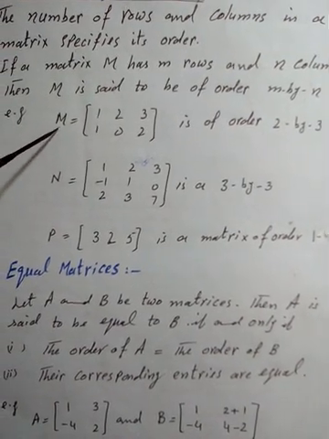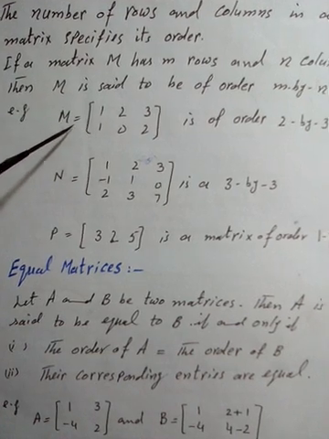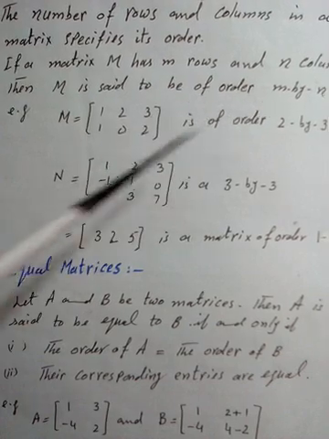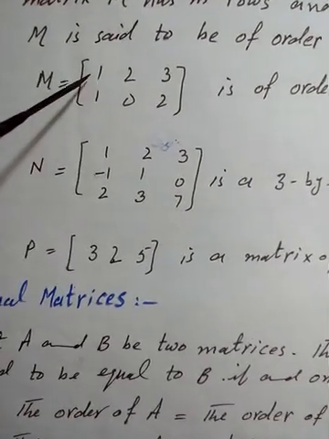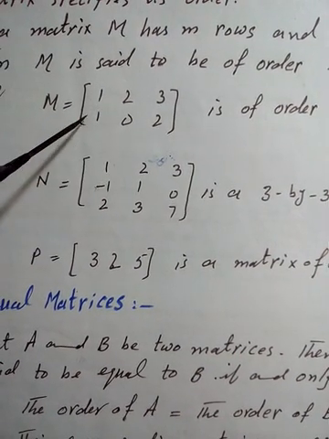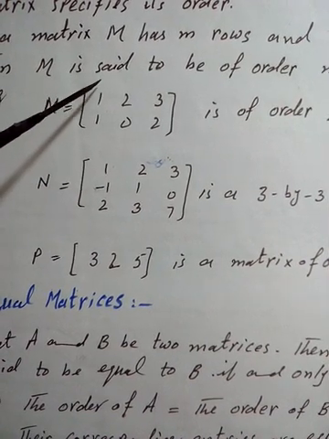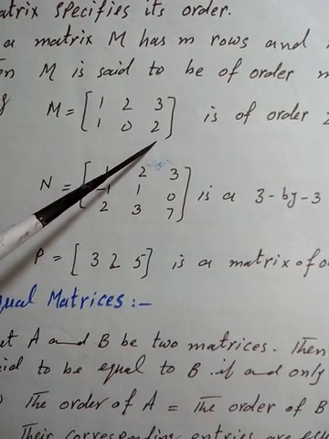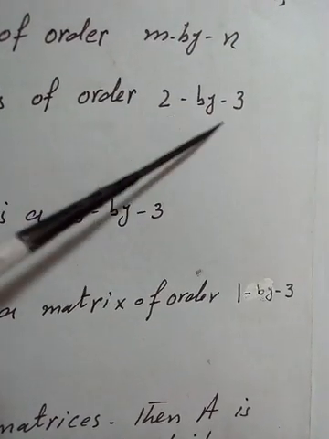For example, there is a matrix M with elements 1, 2, 3, 1, 0, 2. Arranged horizontally, there are 2 rows, and there are 3 columns. So its order is 2 by 3.